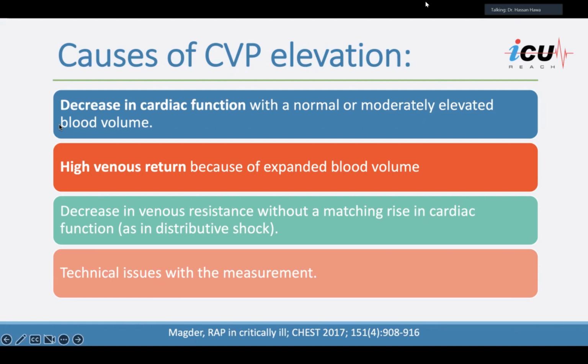But we need to always remember this can go up in decreased cardiac function with normal or moderately elevated blood volume, or if you have high venous return because of expanded blood volume when you over-resuscitate your patient, then that might cause your patient's CVP to go up. Or if there's a decrease in the venous resistance without a matching rise in cardiac function, as happens in distributive shock patients with septic cardiomyopathy.